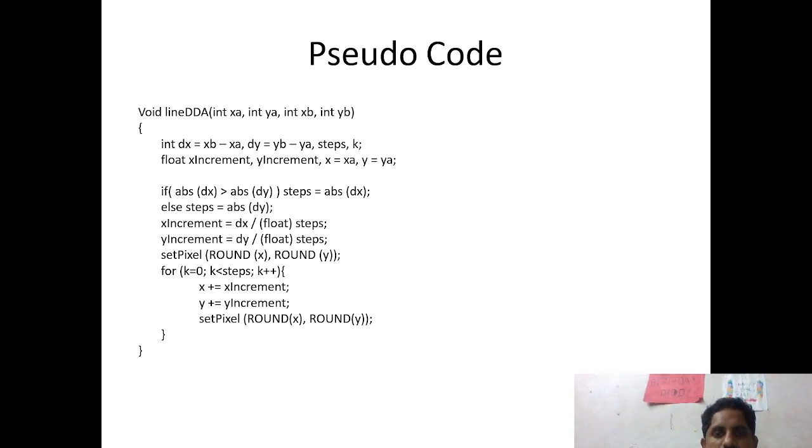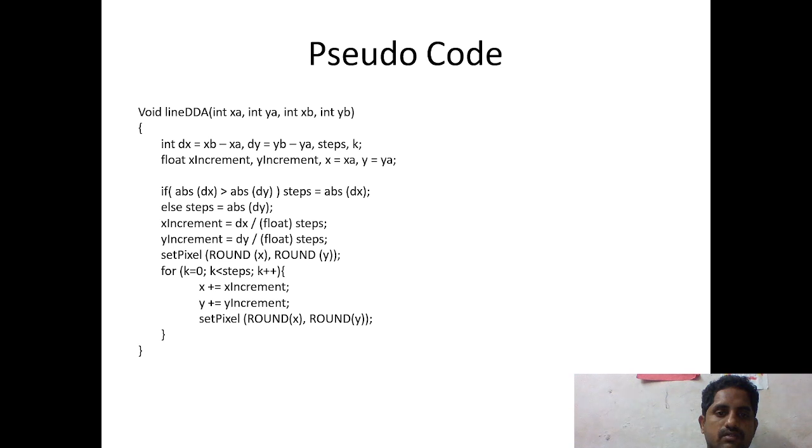This is the pseudocode: void line DDA of int xa, int ya, int xb, int yb. dx equals xb minus xa, dy equals yb minus ya, int steps, k, float x increment, y increment, x equals xa, y equals ya. An absolute condition is applied here: if abs of dx is greater than abs of dy, then steps equals abs of dx, otherwise steps equals abs of dy.